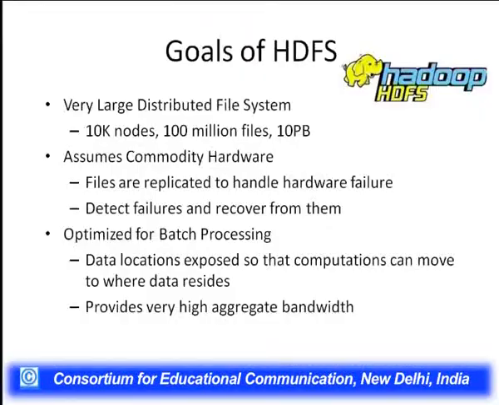So the data locations in case of batch processing are exposed so that the computation can move to where the data resides. What does that mean? Basically, what Hadoop does is move the computation to the data rather than the data to the computation.